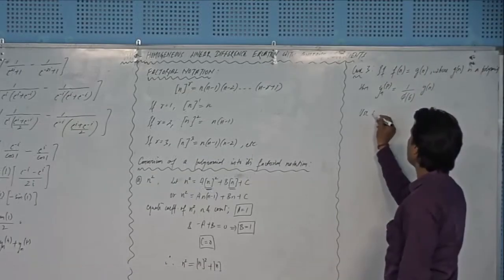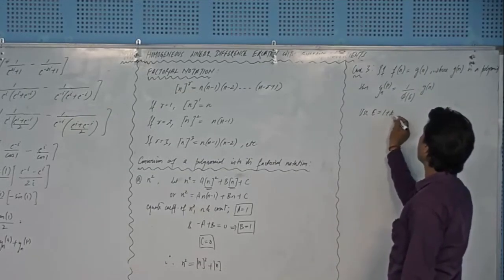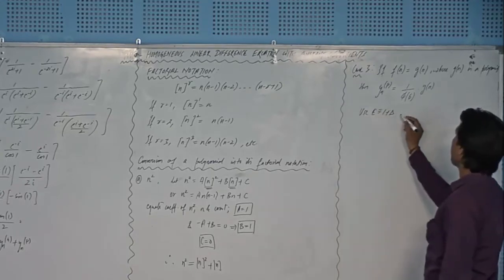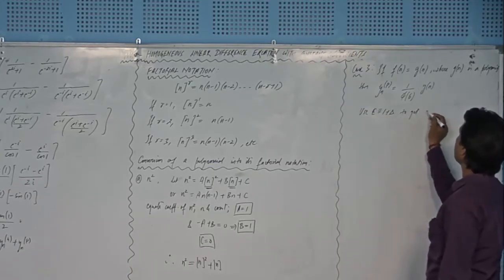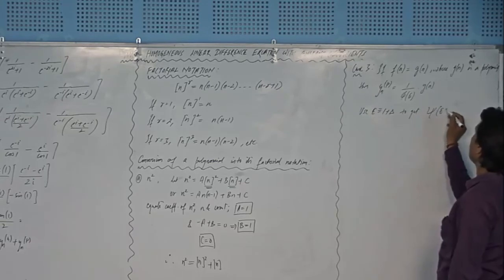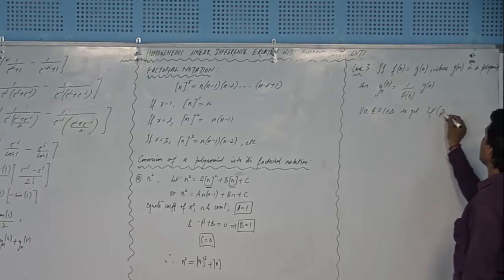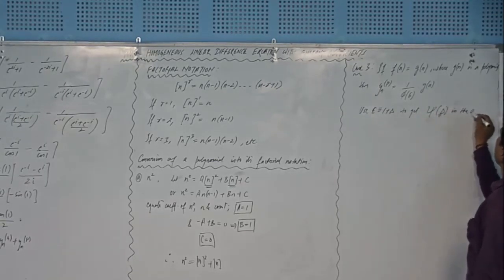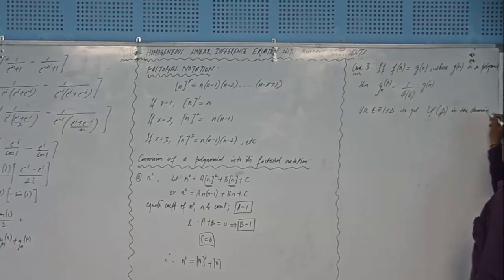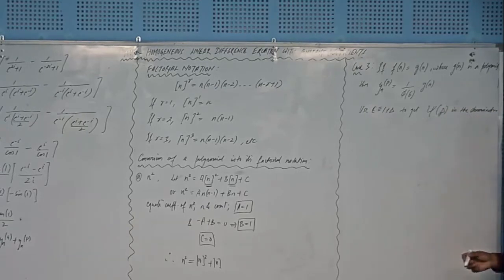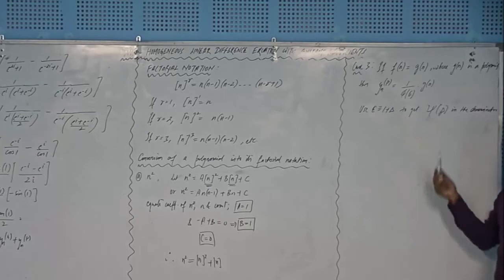In this case, use E equivalent to 1 plus delta to get a new function psi with delta in the denominator, because E will be converted into delta.